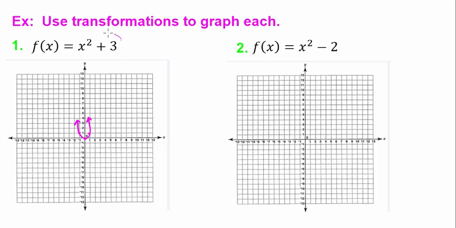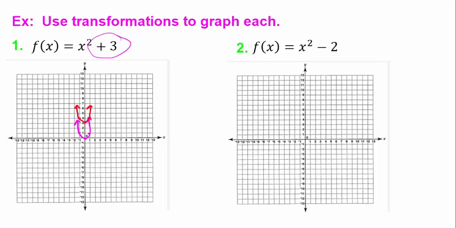Now here, we're going to then take each point and we're going to shift it up 3 units. So I'll go ahead and do this in red to differentiate between them. But I'm going to move every point up 3 units. So I have now 0, 3, 1, 4, and negative 1, 4. And now this is my final graph after the vertical shift up 3 units.